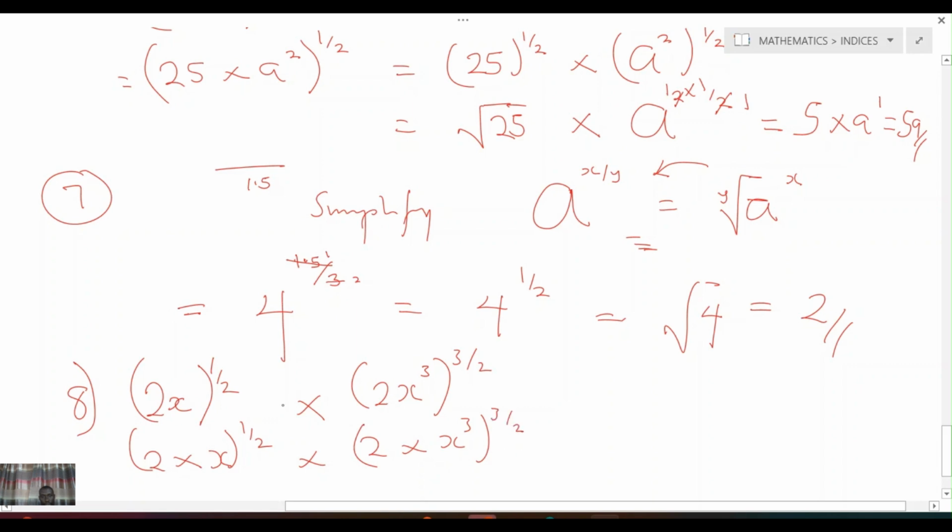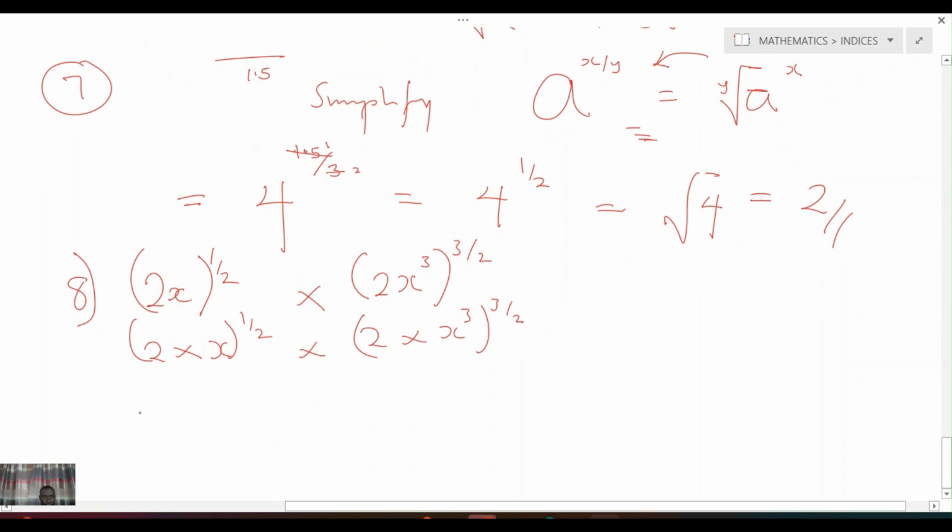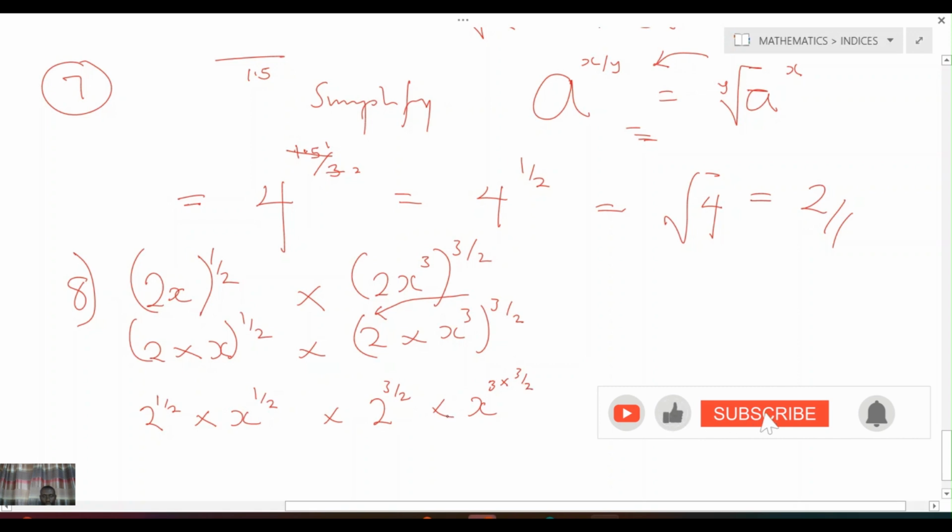And we can simplify this further to be 2 raised to power 1 over 2 times x raised to power 1 over 2 times 2 raised to power 3 over 2, then times x raised to power 3 times 3 over 2.